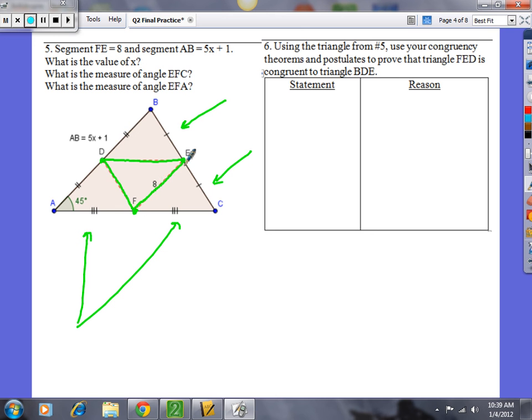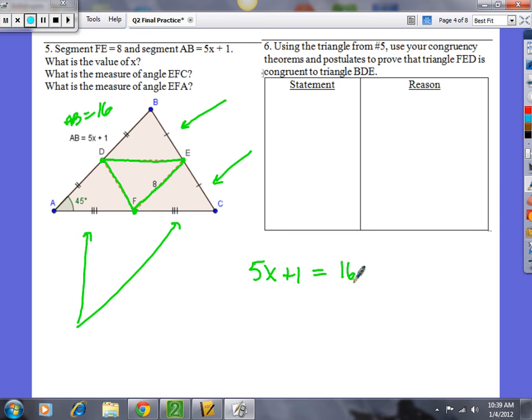So if F to E is 8, I know this: A to B equals 16, because 8 is exactly half of 16. So now if AB is 16, AB is also 5x plus 1. So 5x plus 1 is equal to 16.